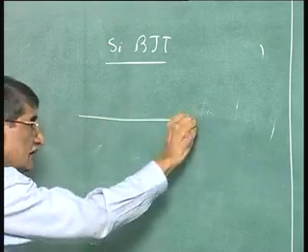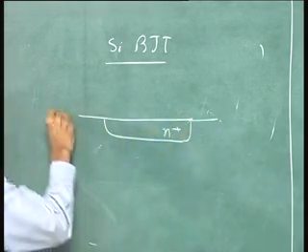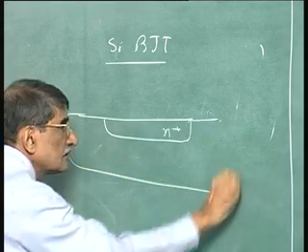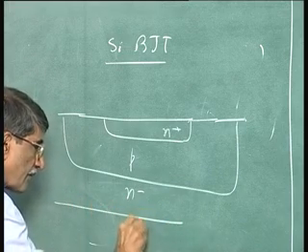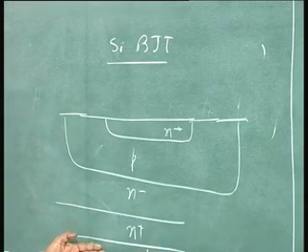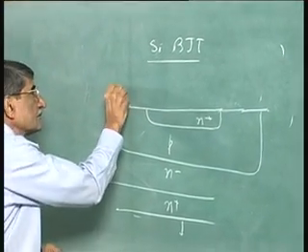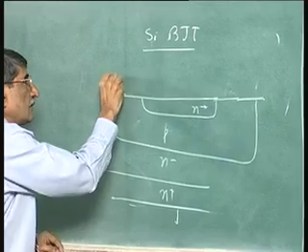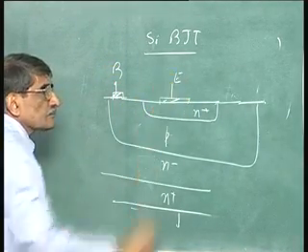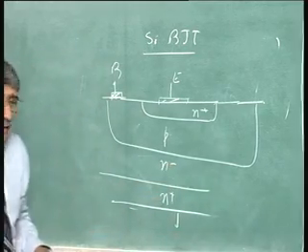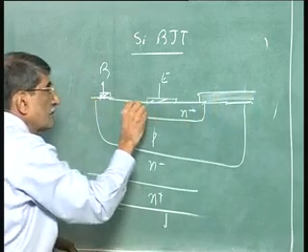You have got a junction like this, N plus, and then you have got the P type base, N minus, then N plus. I am showing the contact at the bottom, it can be on the top also, like in the IC. Here is the contact here, base, then of course you have the emitter. Here you have got an oxide here, you have got the oxide here.